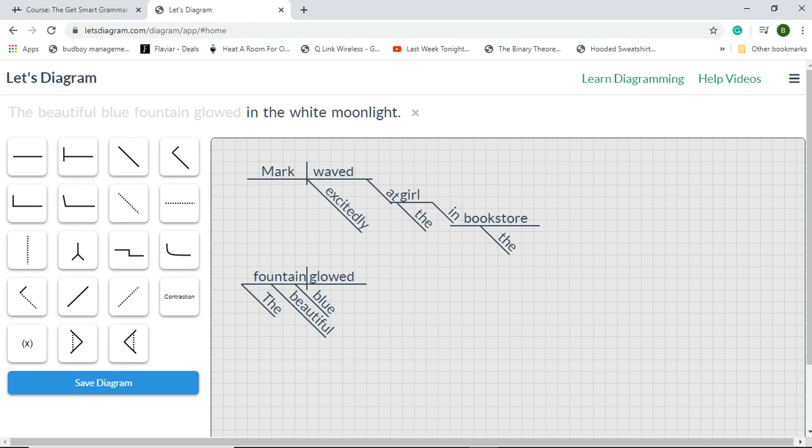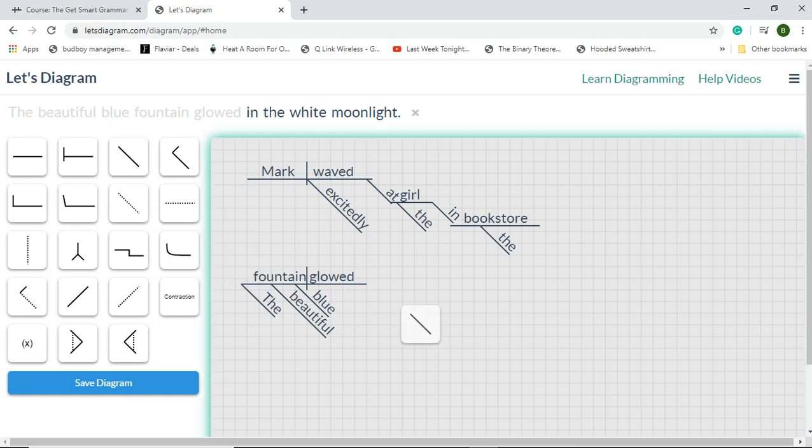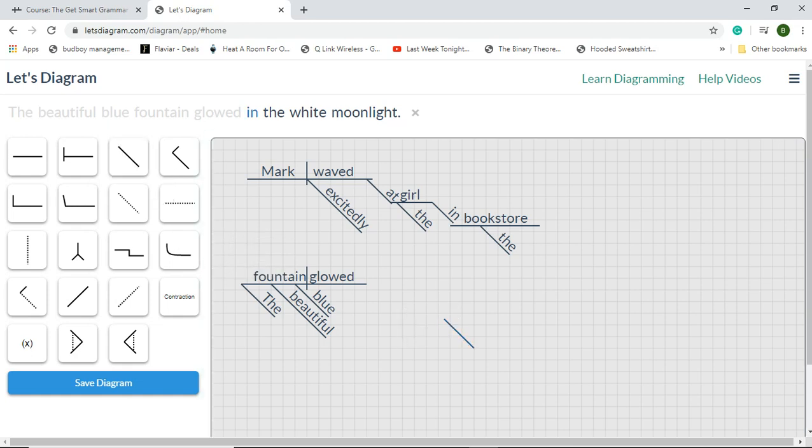Now, we'll take a look at glowed. Glowed is being modified by the prepositional phrase in the white moonlight. Ooh, a 4-word prepositional phrase, you guys. In the white moonlight. And it is acting as an adverb. It is modifying the verb glowed. Okay? So, we find our preposition in the prepositional phrase, which is in. In is the preposition.